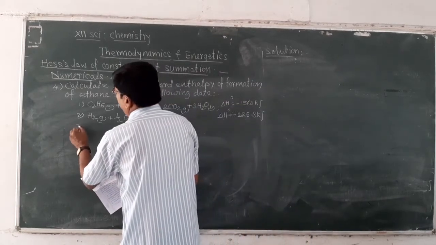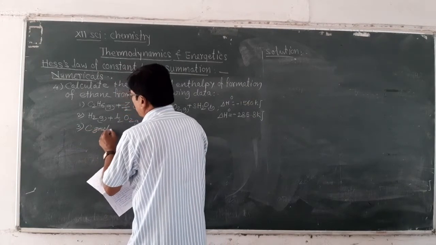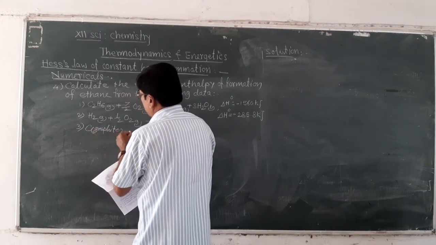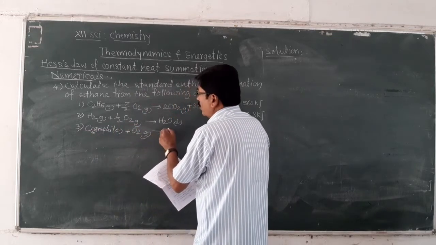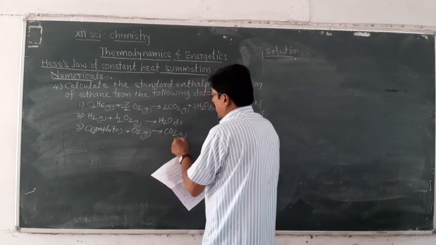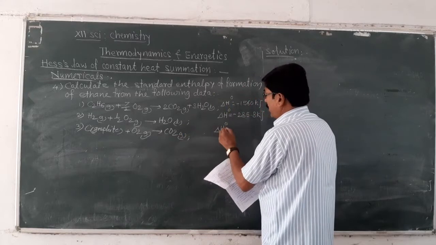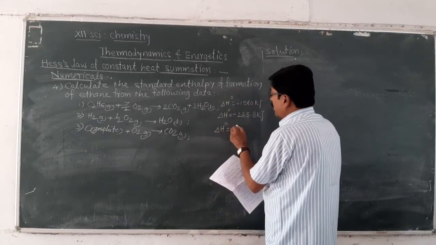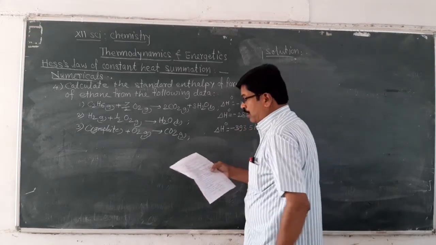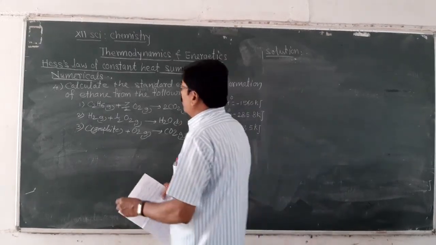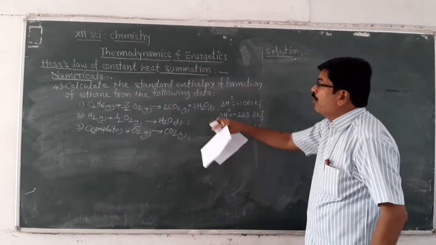The third equation is carbon graphite plus O2 gas gives CO2 gas, and the enthalpy change of this reaction is minus 393.5 kilojoule. Now from this data you have to calculate the enthalpy of formation of ethane.